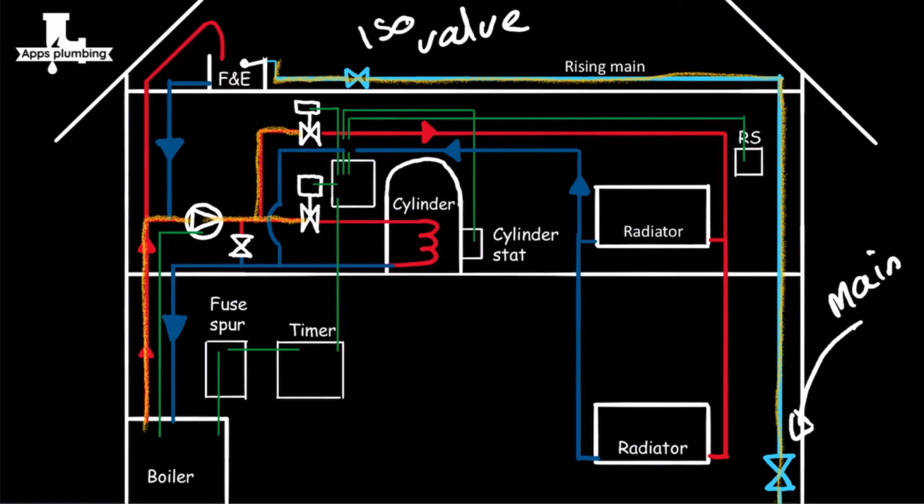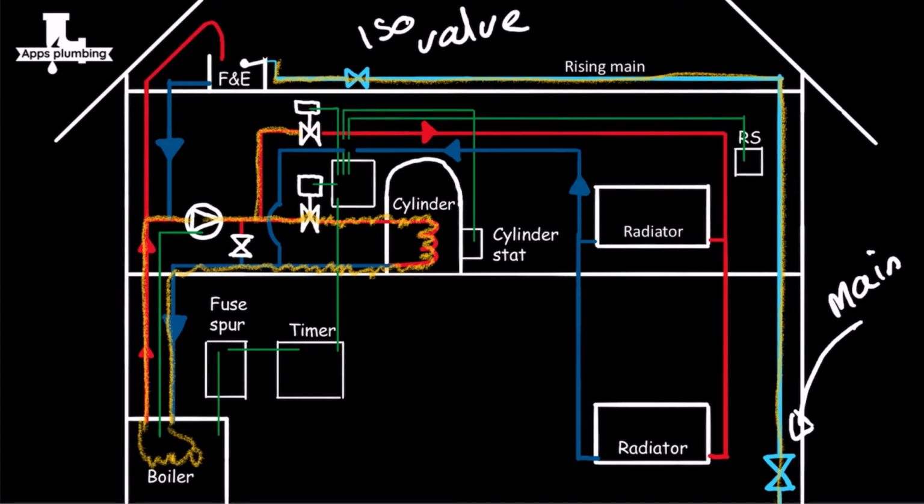Okay, so now what we have, if our timer and our cylinder stat say we want some heat, the water is allowed through into our tank and then goes back down to our boiler and then gets reheated, and then back up.